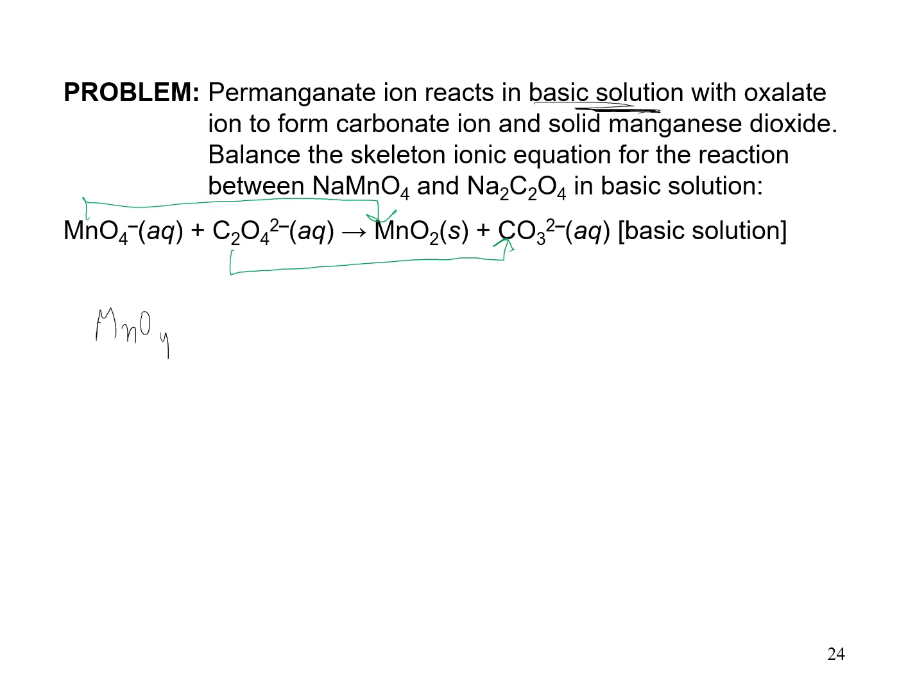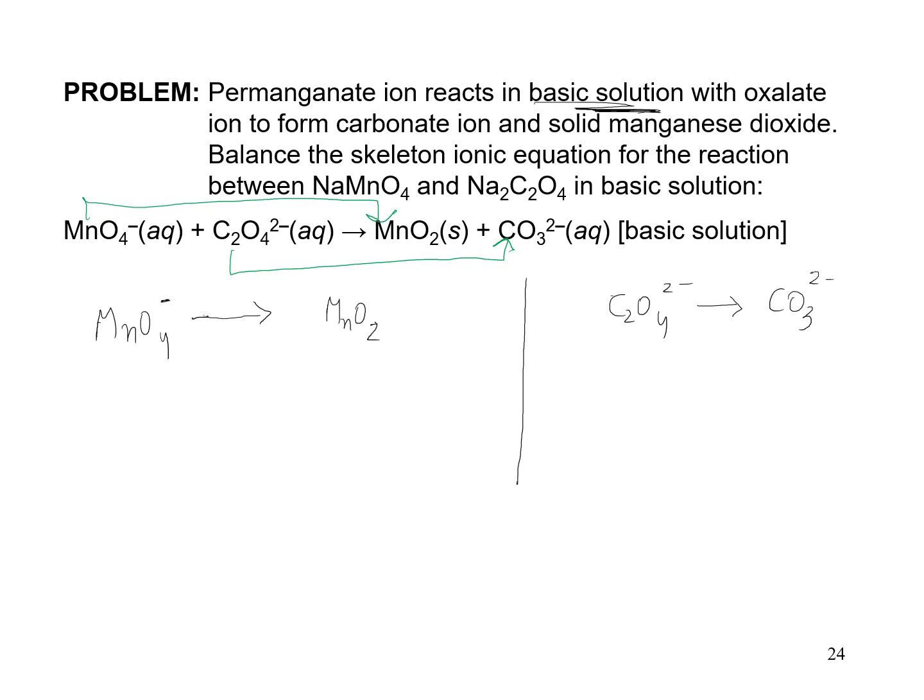So MnO4 minus, and we can identify the ions later on, so don't worry about it, produces what? MnO2. That's my first half. And then I move on to my second half, which is C2O4 2 minus is changing to CO3 2 minus.